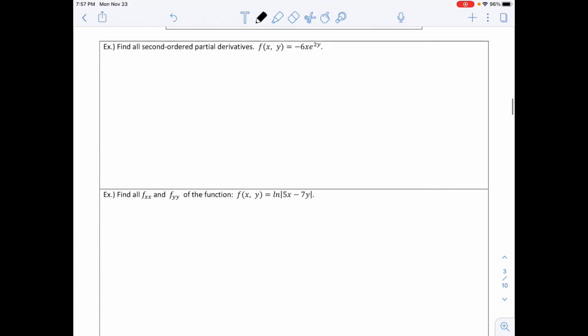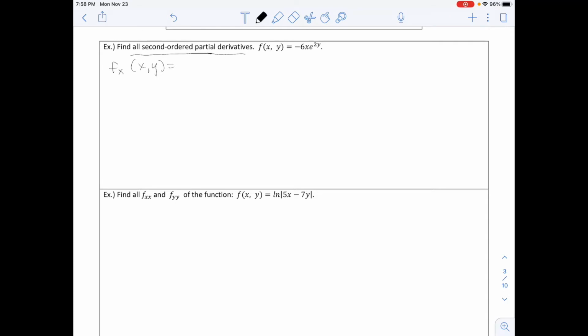So the next example says find all second order partial derivatives. So for this, that means we have to find 4 things. So the first thing that we need to find is our first derivatives. So I'm going to go ahead and write f sub x of xy, and taking the derivative of our function with respect to x, we are going to have negative 6x e to the 2y.